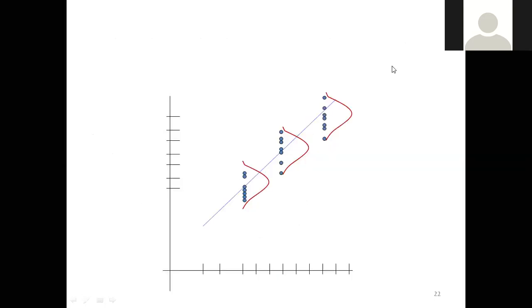You can see here, this is what I said. The error is distributed normally. Identically, so all are the same. And independent, they are independent of each other.